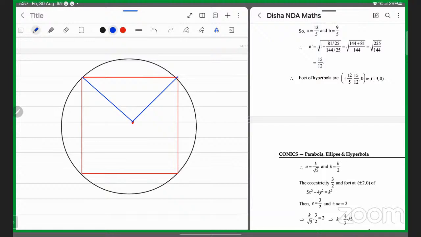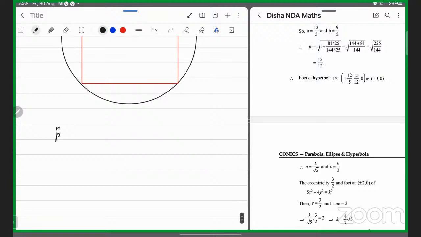A square forms a right angle at the center. The radius of the circle is A. Side will be root 2 times A. You can write this as root 2 times A square. Any problem?